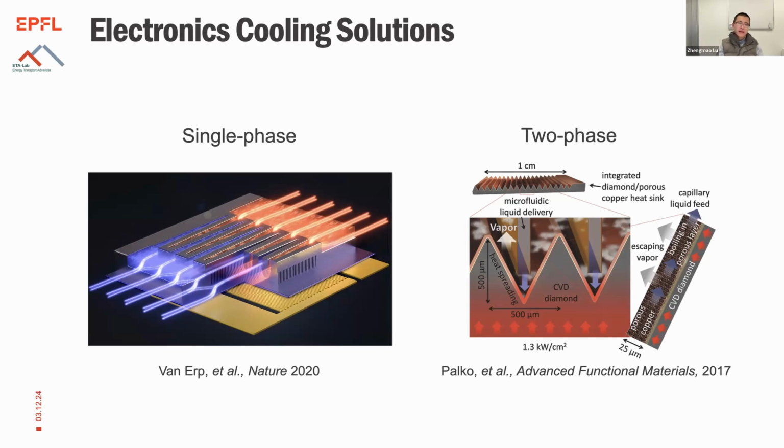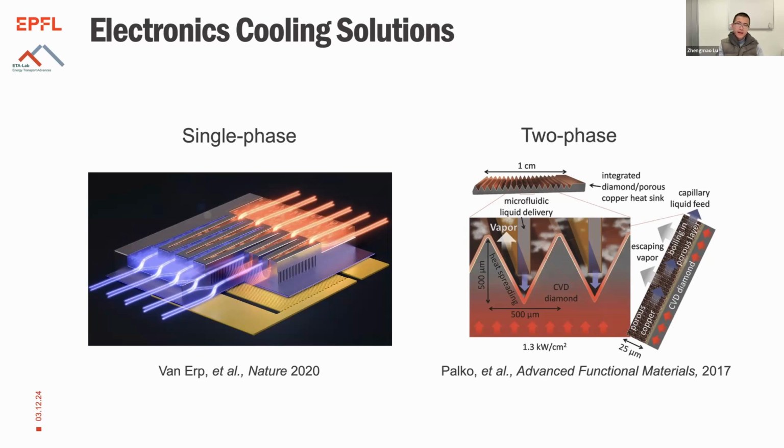Just by shortening the distance between the actual cooling and the device, they were able to dissipate a large amount of heat with a very small amount of temperature rise. I remember the heat flux was approaching 2 kilowatts per centimeter squared. So that was indeed amazing.